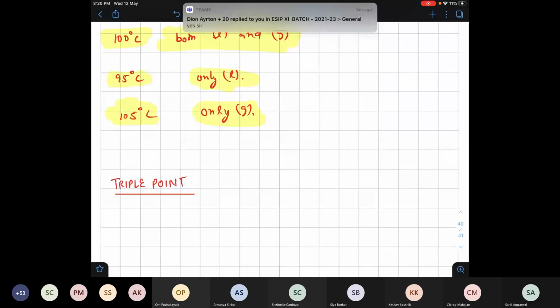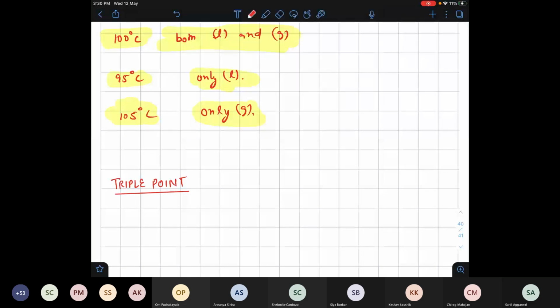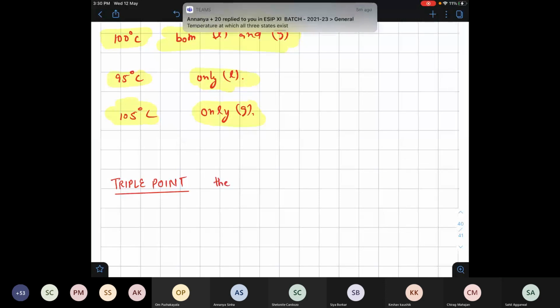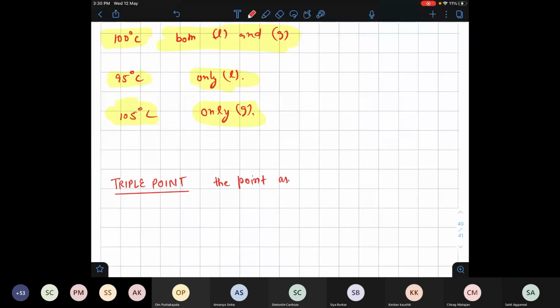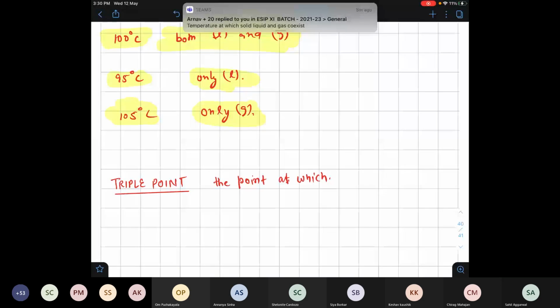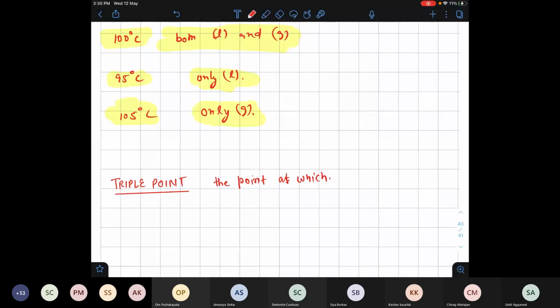What is triple point? I think only on the basis of temperature we won't be able to guess or solve, क्योंकि टेम्परेचर के हिसाब से गैस को एग्जिस्ट नहीं करना चाहिए.